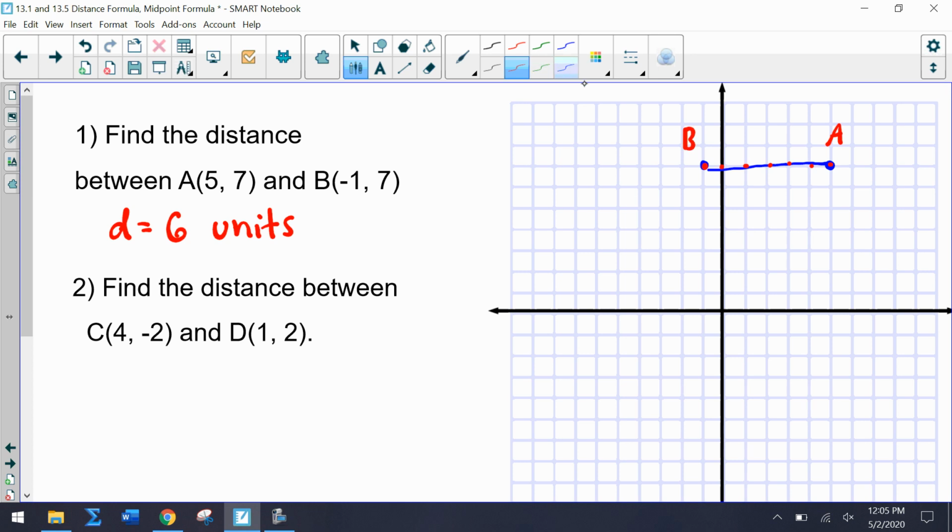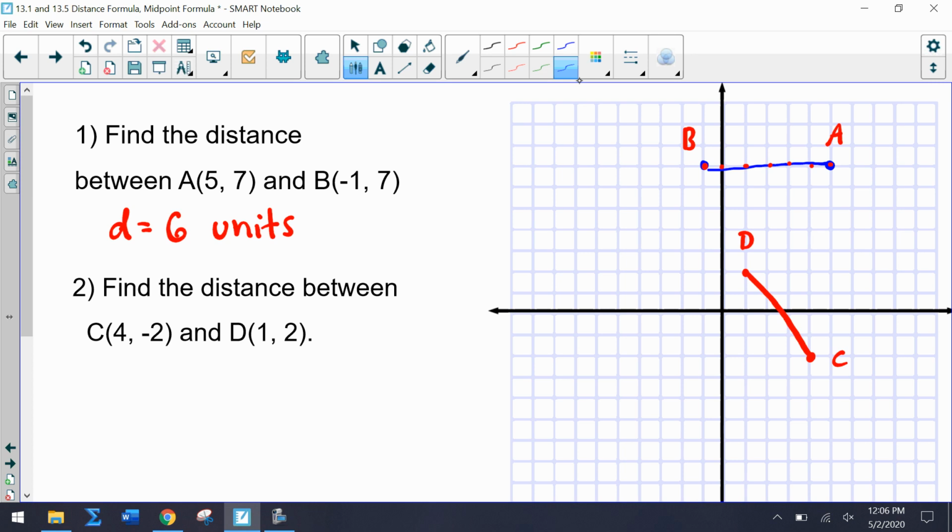All right, let's look at number 2. We wanted to find the distance between those 2 points. So 4, -2, and 1, 2. This line is not as easy to find the distance between those 2 points because it's on a slant.